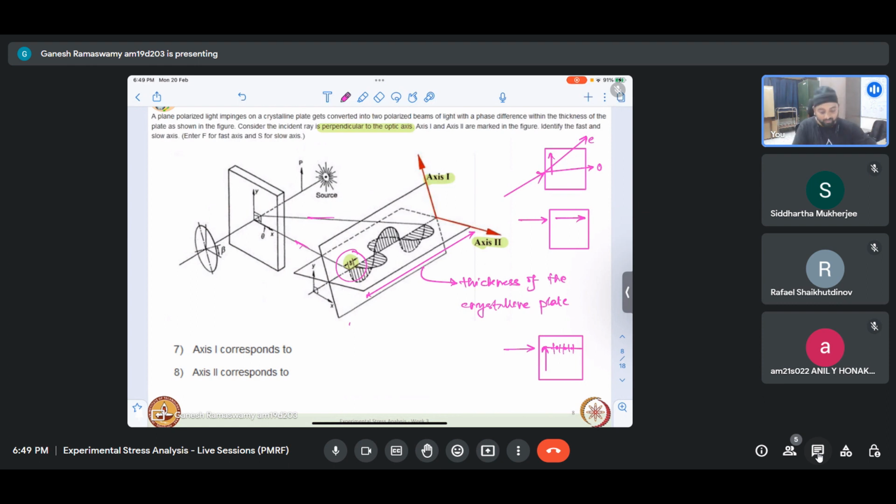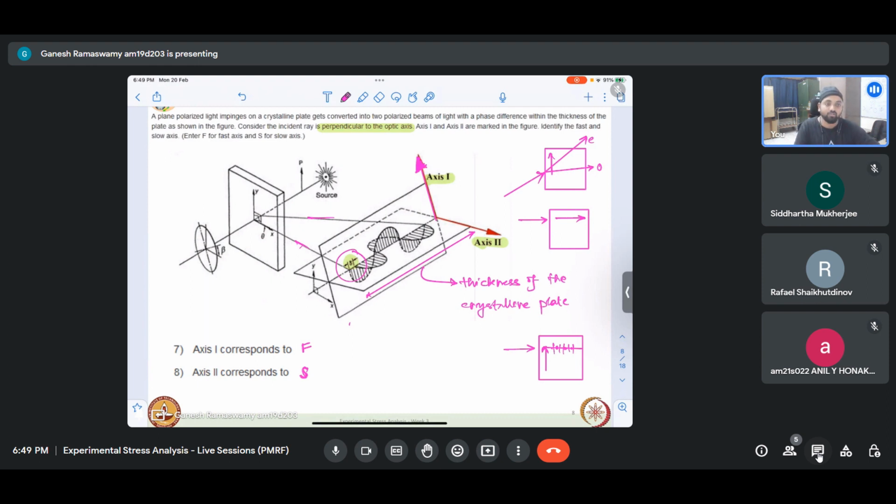We can see that the light wave perpendicular to axis 1 is leading the way, and the other one, the light that has passed parallel to axis 2, has a phase lag by delta. So naturally axis 1 is the fast axis and axis 2 is the slow axis.